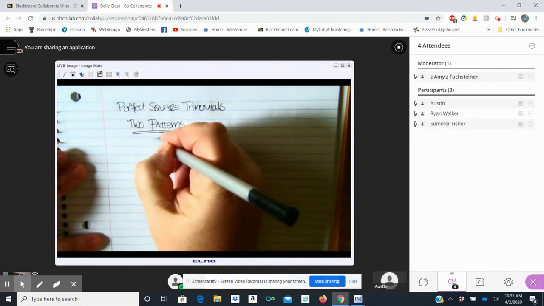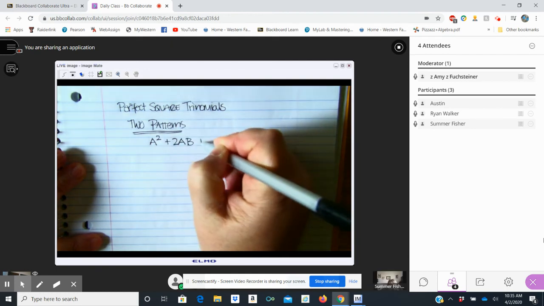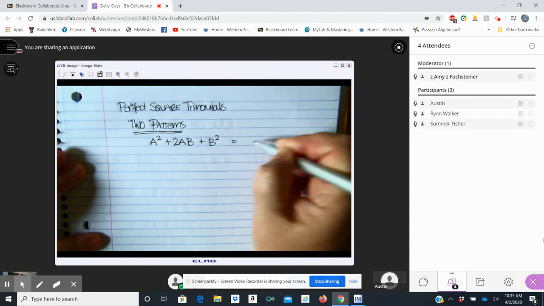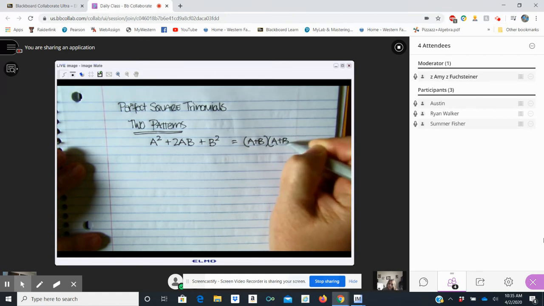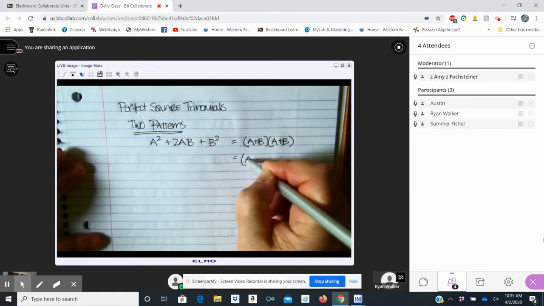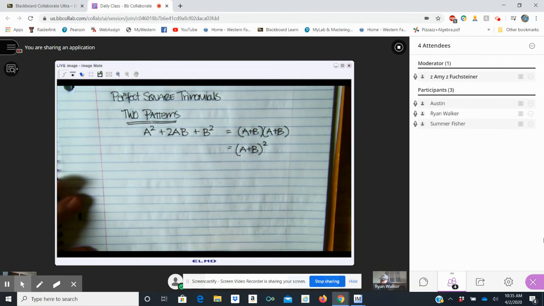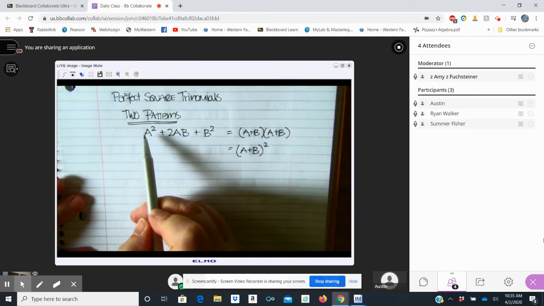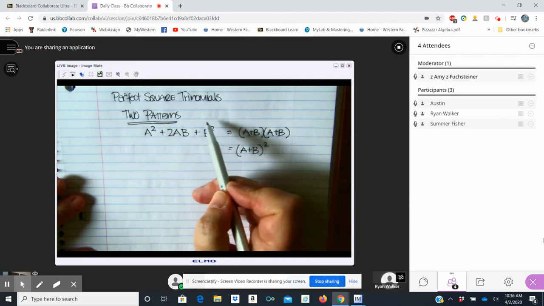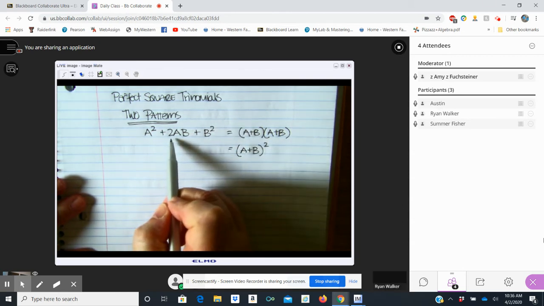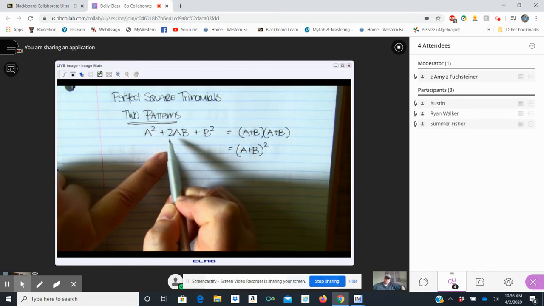The first one says you have a perfect square to start, you have a perfect square to end, and the middle term is the square root of each multiplied together and doubled.